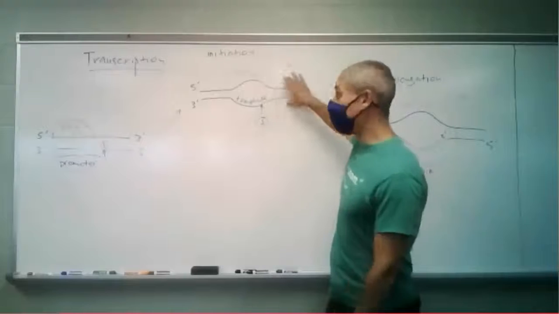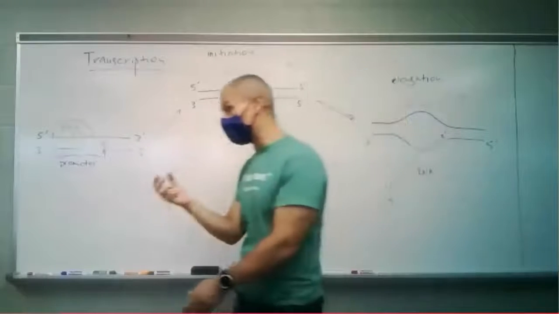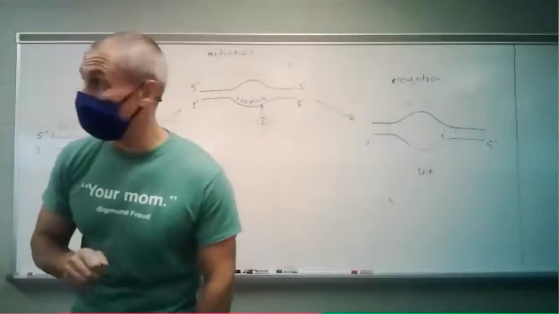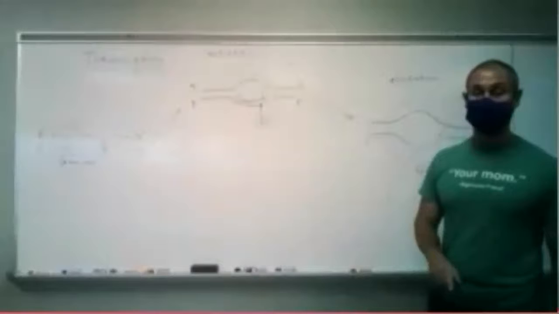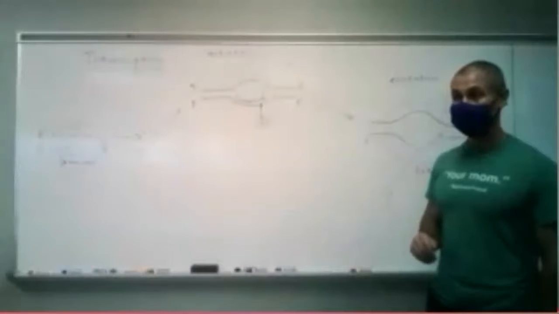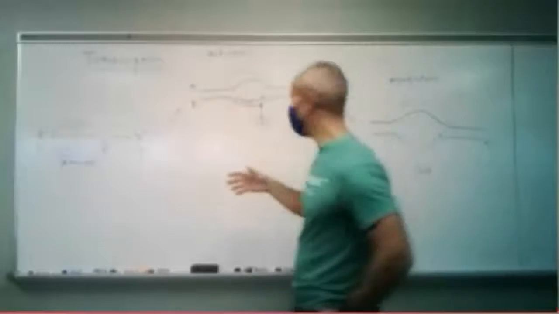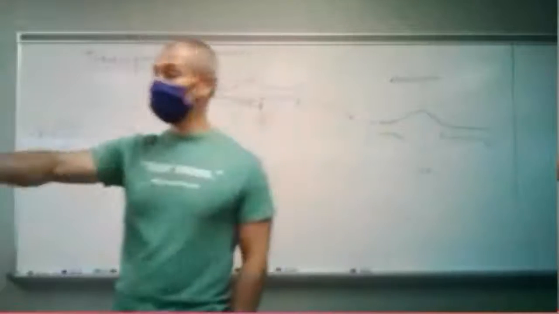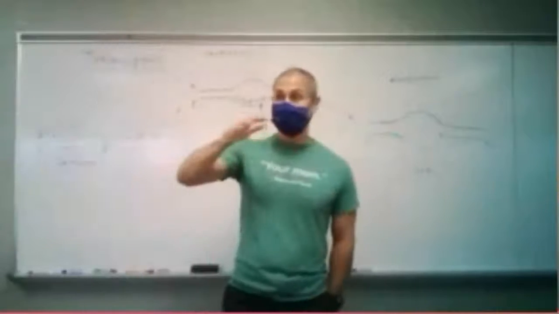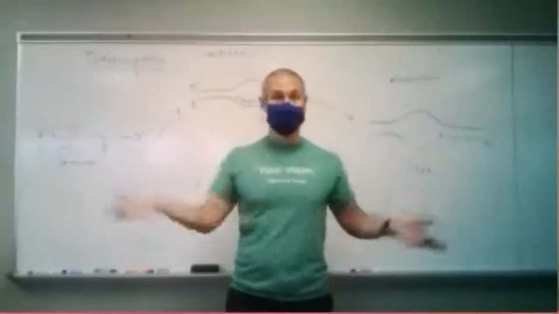It's always double-stranded DNA. So for transcription, you need double-stranded DNA, only one strand of which is transcribed into a single strand of RNA. Does that make sense? Now, last bit, I'm not going to draw it, the termination. RNA polymerase runs into the so-called terminal repeats, stutters, falls off, transcription's over.